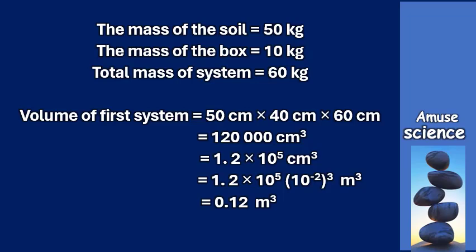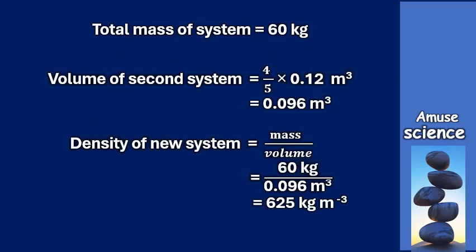Now the question said the second system has a volume that is 4/5 of that of the first one. So to calculate the volume of the second system, we have to find 4/5 of the first system. So the volume of the second system is going to be 4/5 times 0.12 cubic meters, and that is going to give us 0.096 cubic meters. The question is now asking us to find the density of the new system.